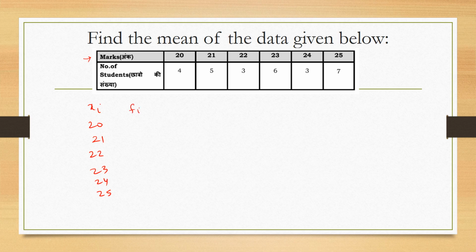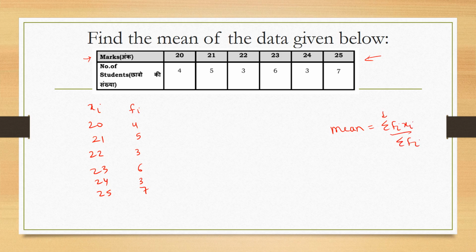How many students are getting 20 as marks? 4, 5, 3, 6, 3, 7. How can we find out mean? Because it is not discrete data, a continuous distribution is there, and that too has been sorted based on class mark. So it is sigma fi xi by sigma fi.